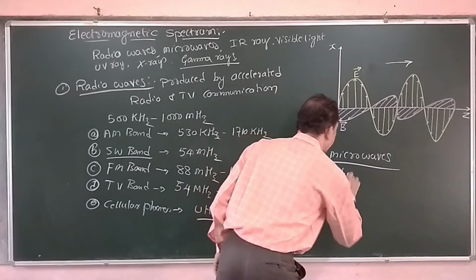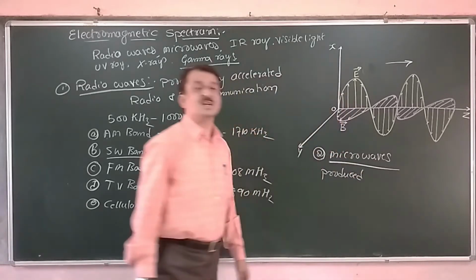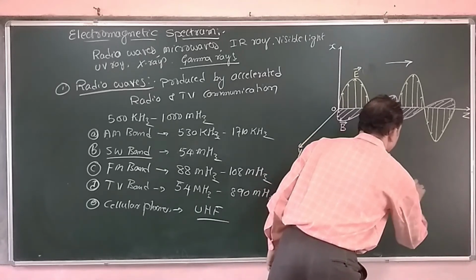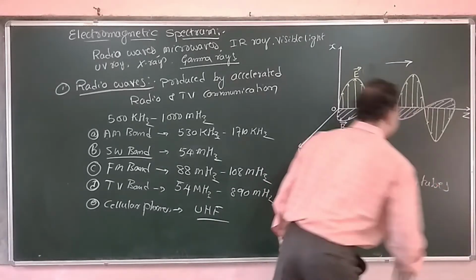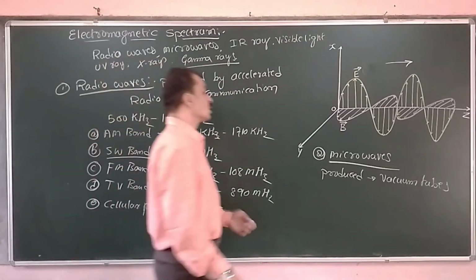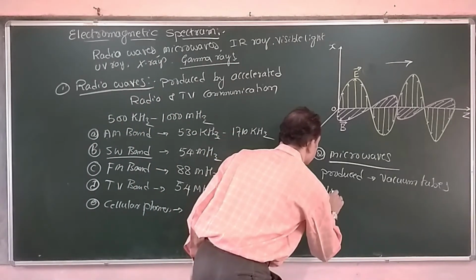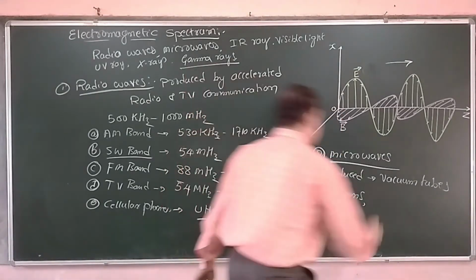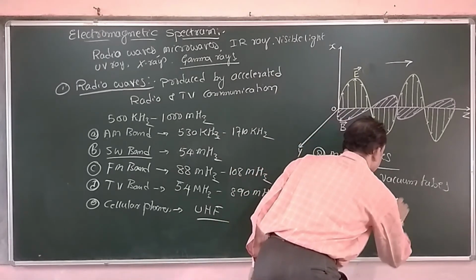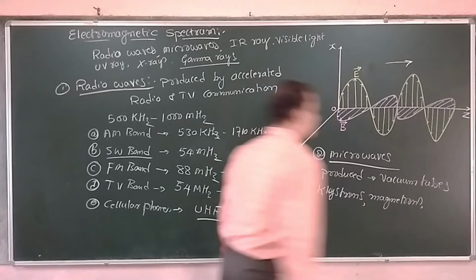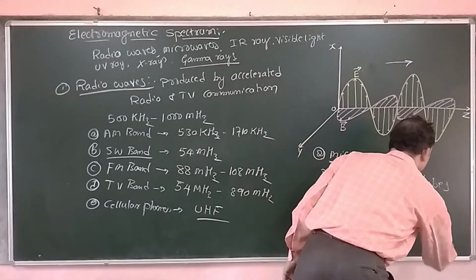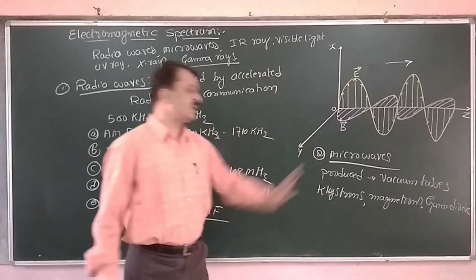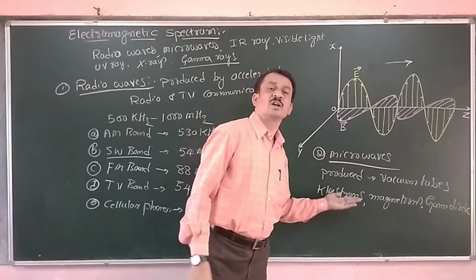They are produced by special types of vacuum tubes called klystrons, magnetrons, and one more, the Gunn diode. By these three devices, microwaves are produced.